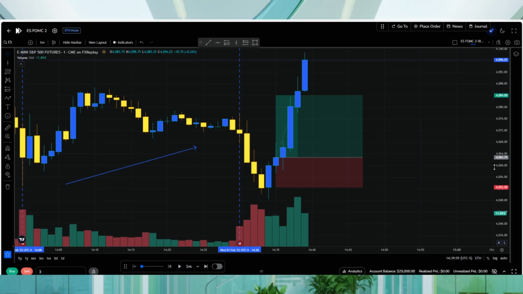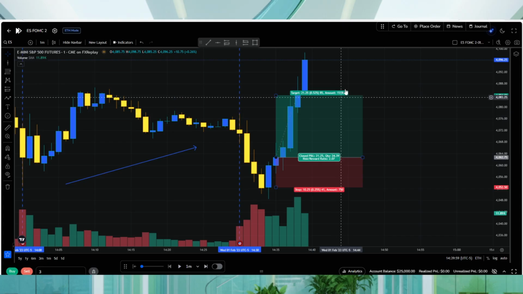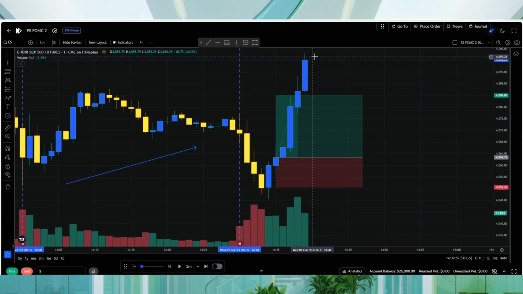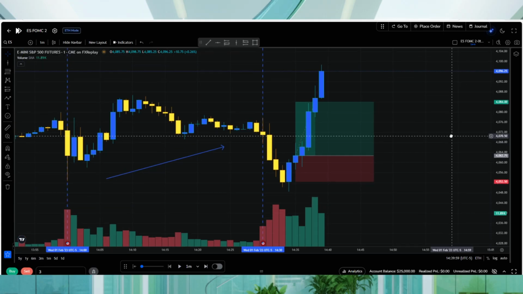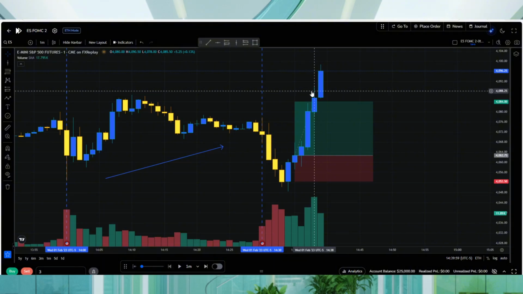Now, if you wanted to, you could take 80% of your position off or 50% of your position off and allow this to run. I'm not doing this in this example in this back test, but it is something that you can because FOMC does run.